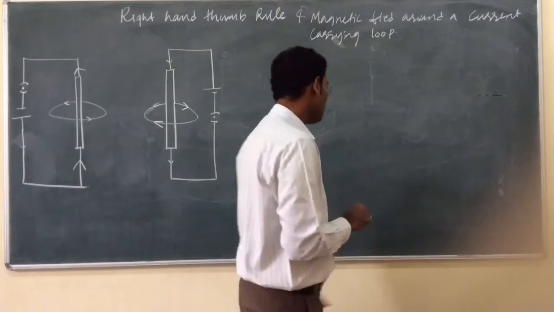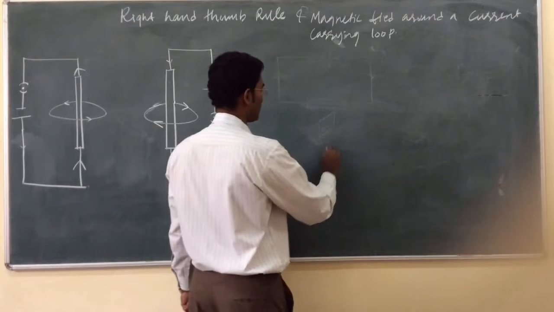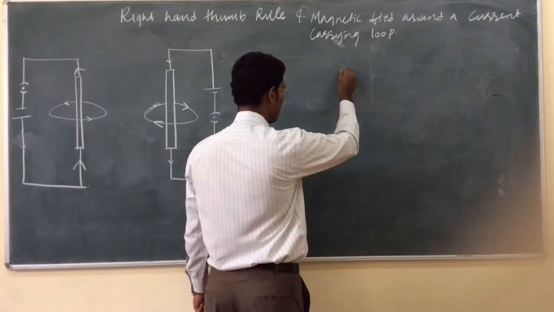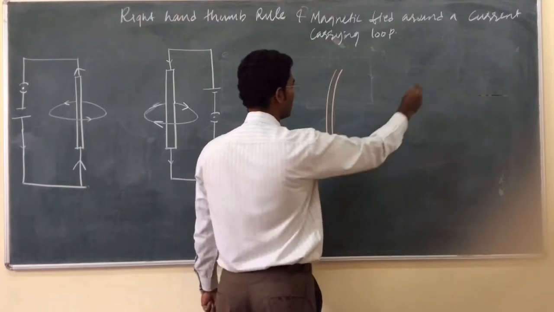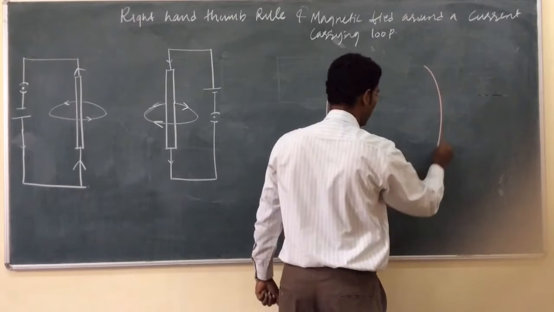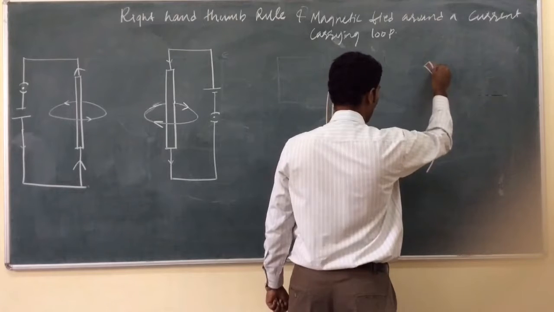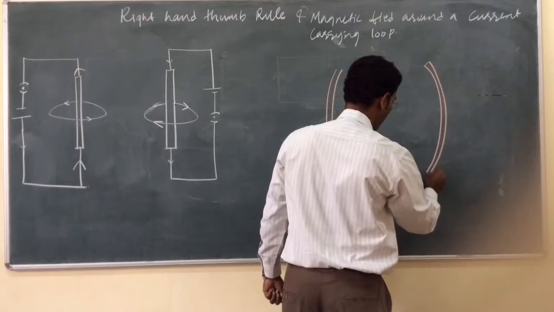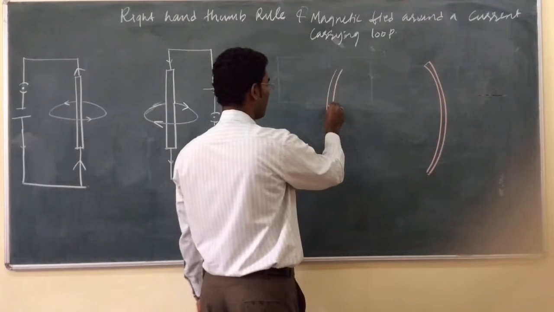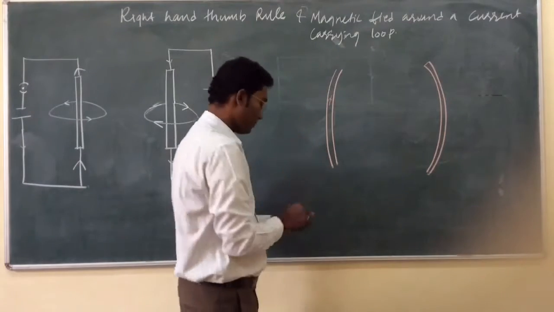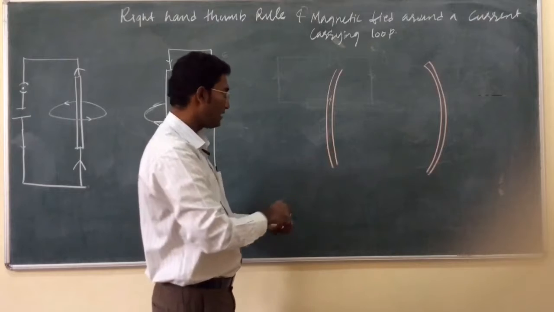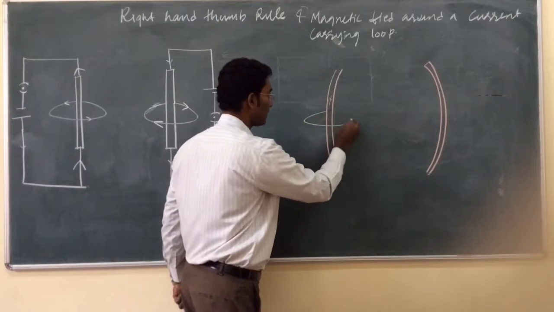Now let us imagine a loop. For example, I have a conductor like this, and the current is flowing in this conductor upwards. If the current is flowing up and I hold this conductor in my hand, what will be the direction of the magnetic field?